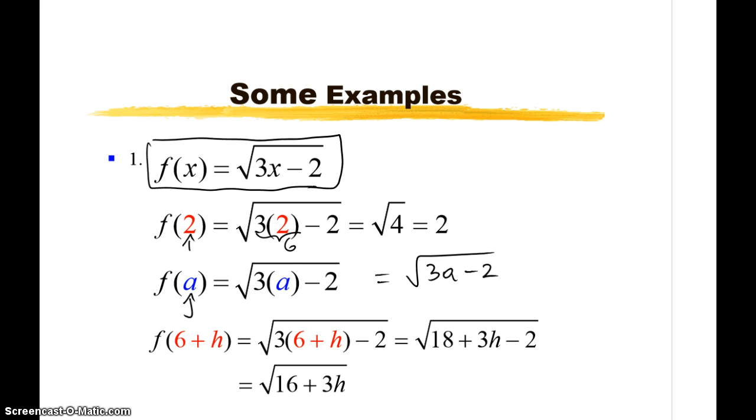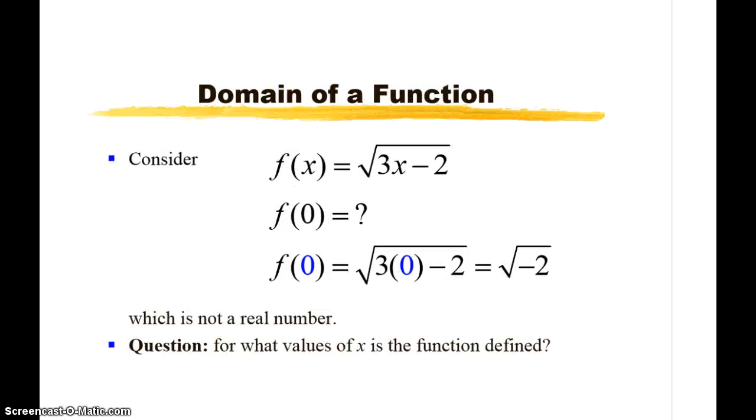Likewise, our input could be an expression like 6 plus h that contains a number and a variable. In that case, the output will be the square root of 3 times the quantity 6 plus h, minus 2. And then we could work this out and simplify under the square root to get the final answer of 16 plus 3h. So this is how we evaluate functions here.